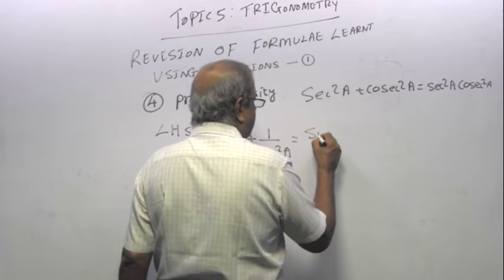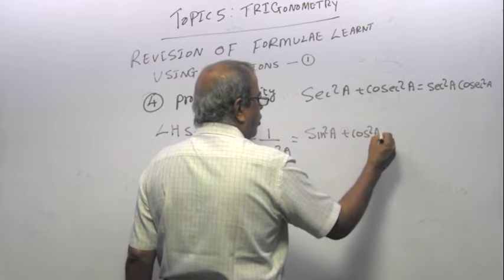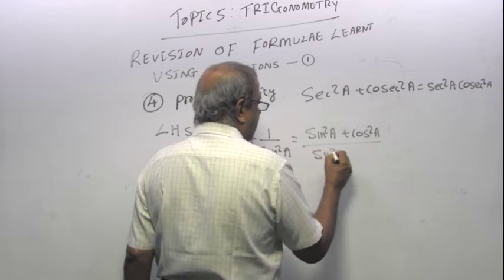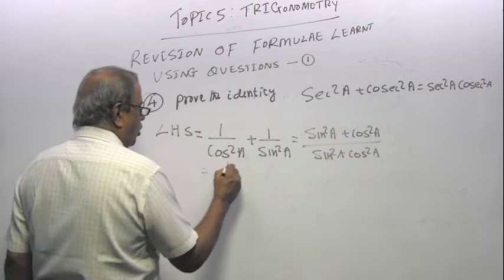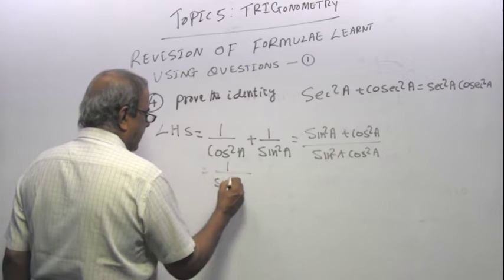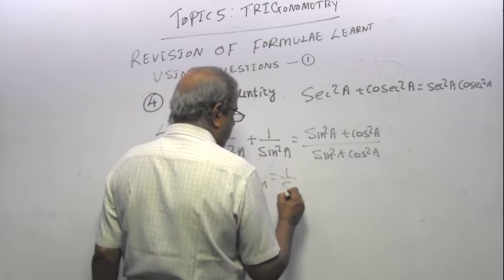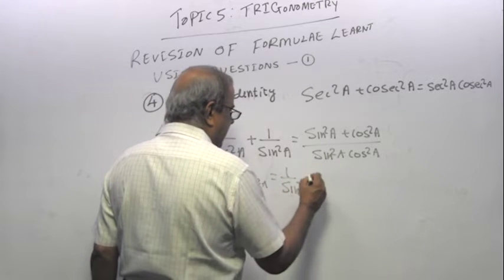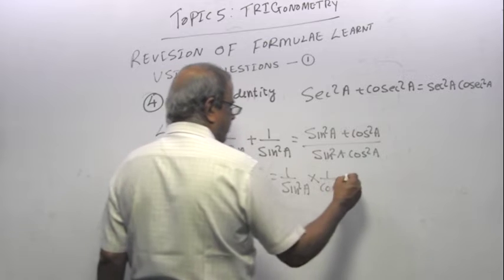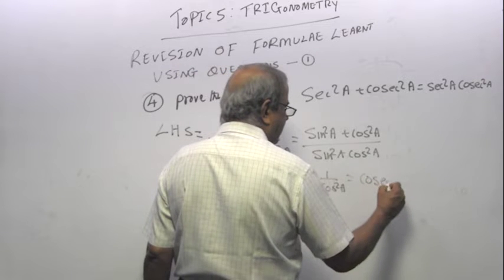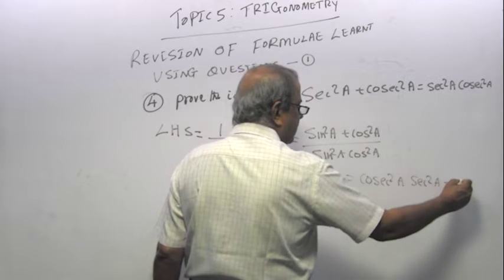Take LCM, so it is sine squared A plus cos squared A over sine squared A cos squared A. That is 1 over sine squared A cos squared A, which is 1 over sine squared A times 1 over cos squared A, which is cosec squared A sec squared A, which is the right hand side.